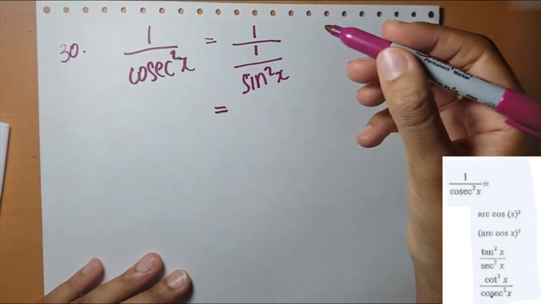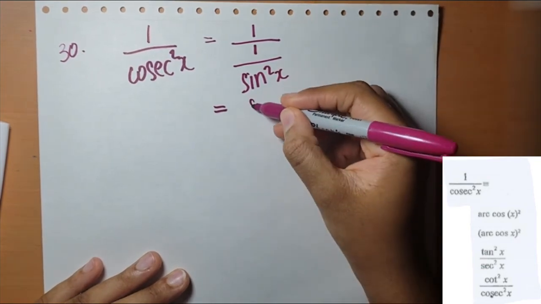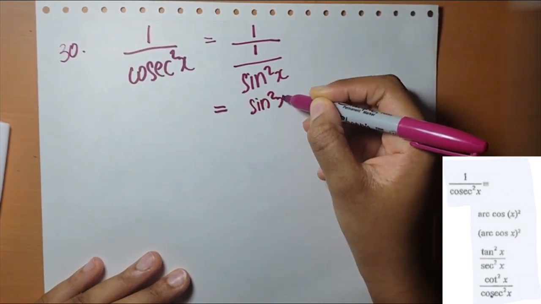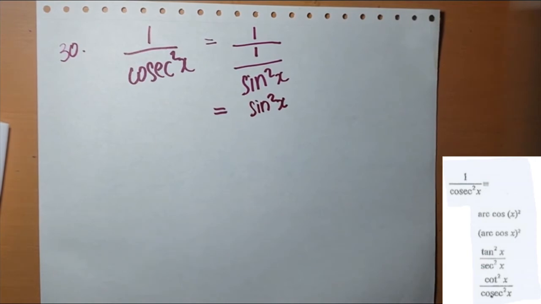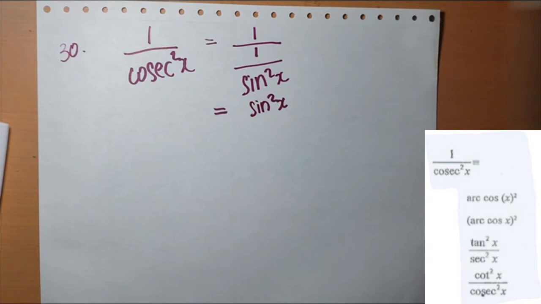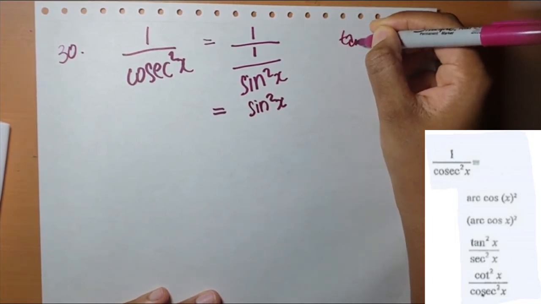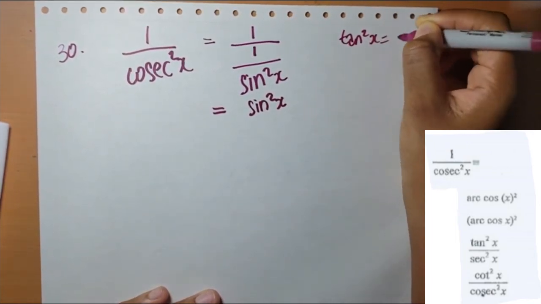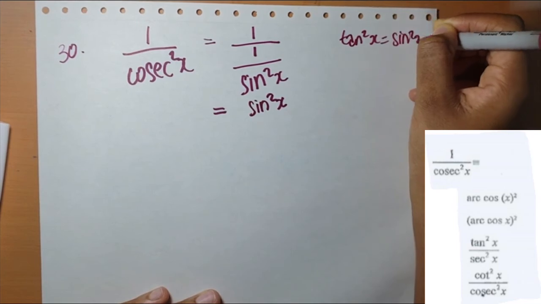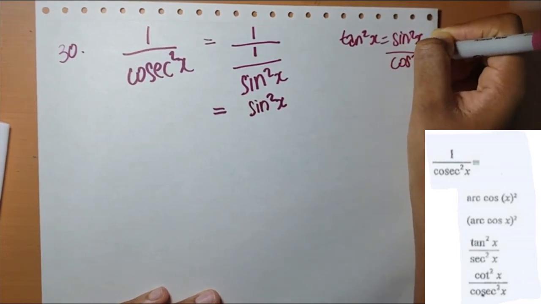Right, so 1 over 1 over sine squared x will just be sine squared x. I don't see any sine squared x in the multiple choice answers. I'm seeing some things about tan, and also some things about arc cos. Working further, we know that tan squared x is equal to sine squared x over cos squared x.